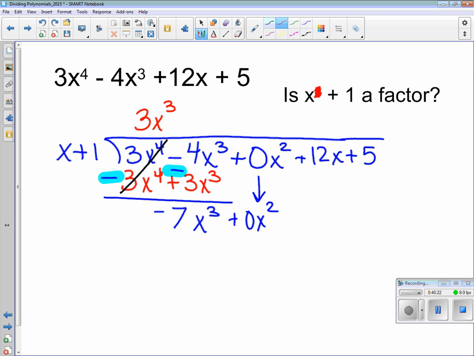Well, hang on. Let's wait till we get there. I know that x times negative 7x squared is negative 7x cubed. So I write that here. But I also have to take that negative 7x squared and multiply it times the 1.